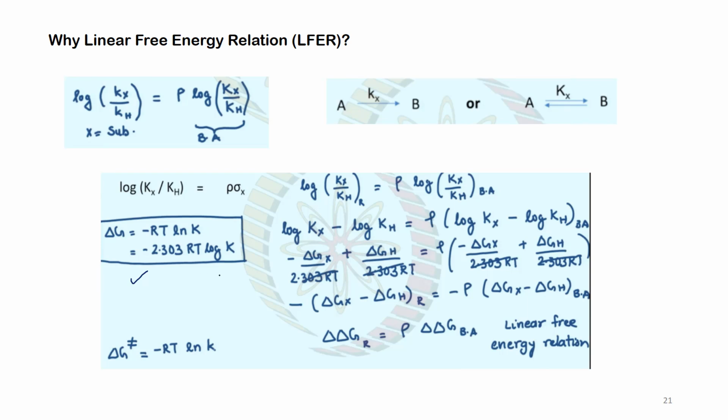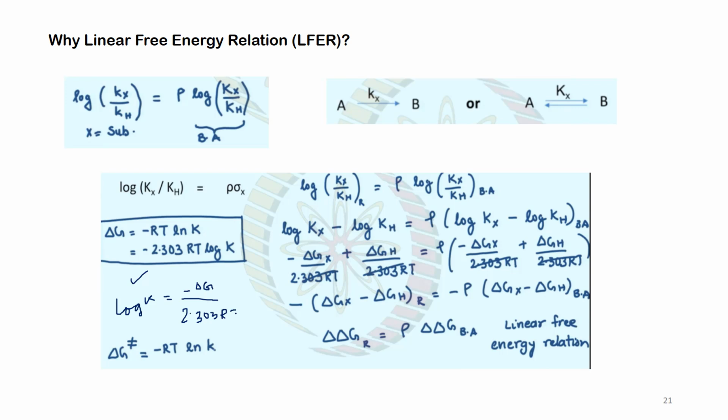So from here, if we reverse it, then log K equals minus del G divided by 2.303 RT.